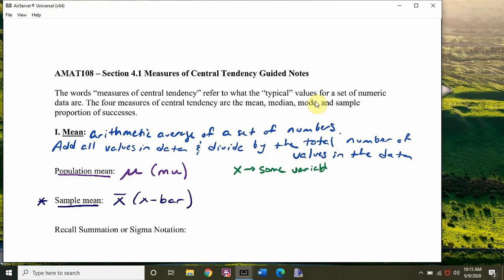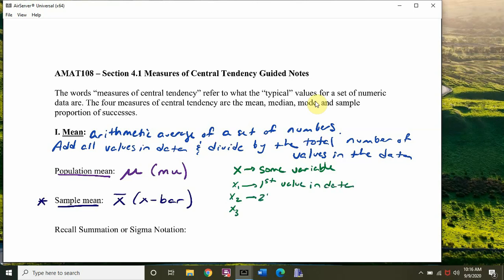Now, in this class, we typically use the letter x to represent our variable. I don't care if it's the number of pets you own, your height in inches, whatever. X is typically what we use to represent variables. And just for notational clarification, when I write things like x1 or x2 or x3, this is the specific value in the data that I'm talking about. So x1 just represents the first value in the data.